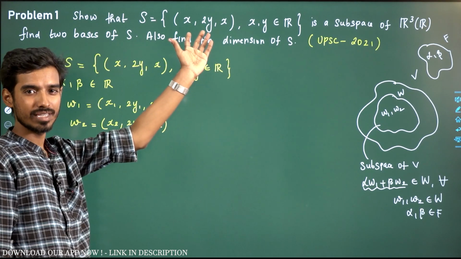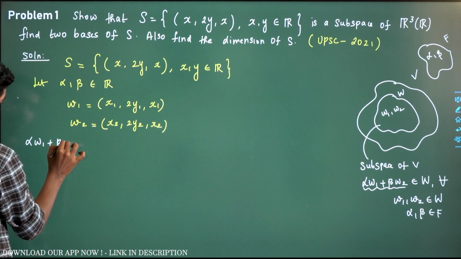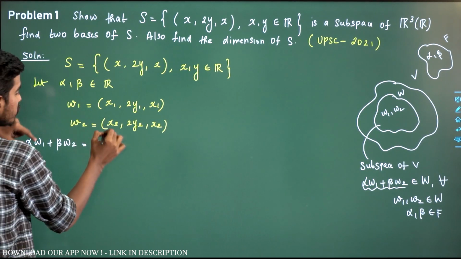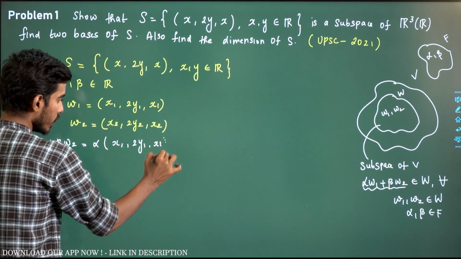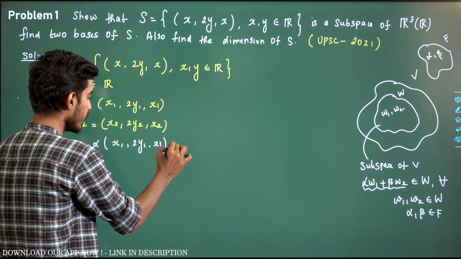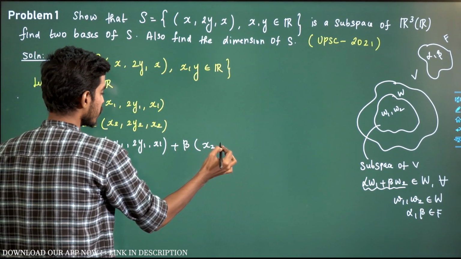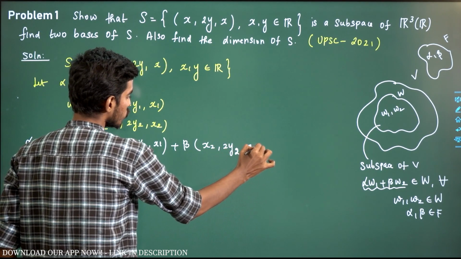So here W is S. What is alpha times W1 plus beta times W2? This will be alpha times W1, which is (x1, 2y1, x1), plus beta times W2, which by our assumption is (x2, 2y2, x2).